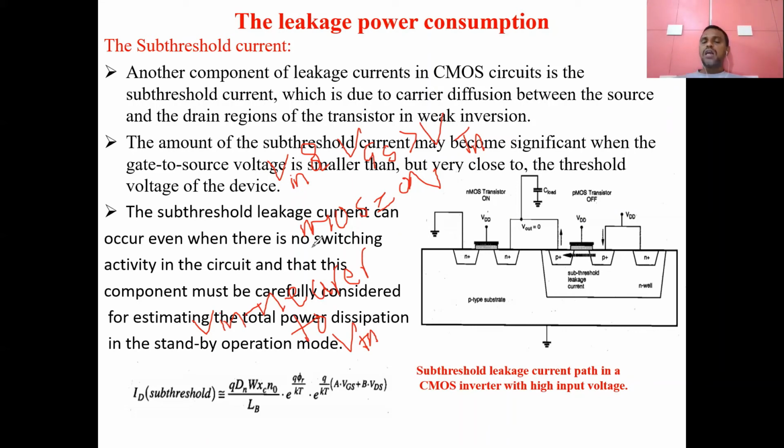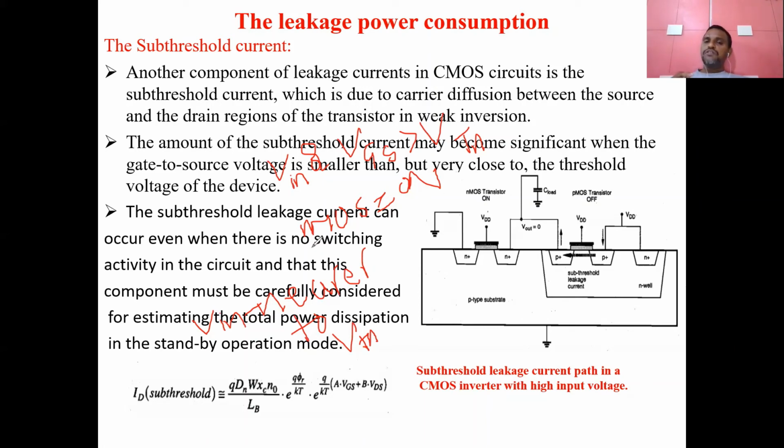A small inversion layer will form between the source and drain due to that voltage, and because of that there will be a current flow. That current flow is called the sub-threshold current. Whenever the transistor is completely on or off, there is no scope for sub-threshold current.